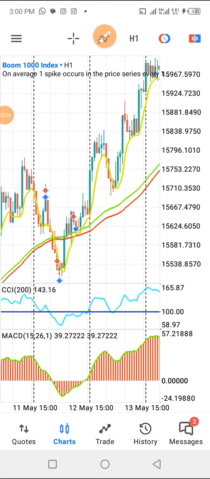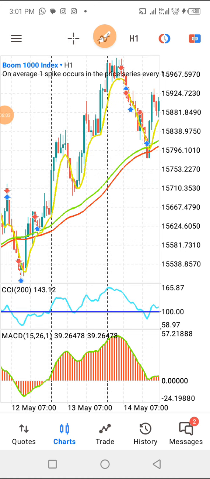So you will seriously need to check before taking entries, most especially on forex. But on the synthetic indices, we don't have issues with that. Exactly. So inasmuch as the signal and the conditions are in place, you execute your trade.